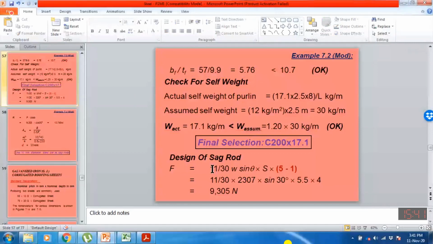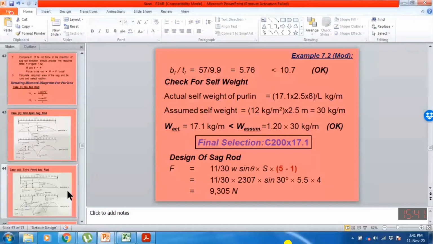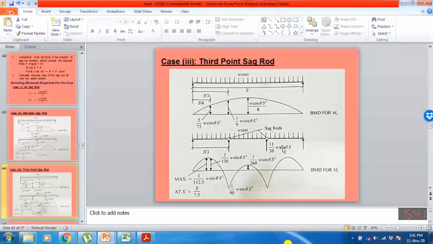So 11 by 30 into W sine theta, and this value we have taken from here. 11 by 30 into W sine theta into S is the force in one sag rod, at one purlin. Actually here you have to understand.